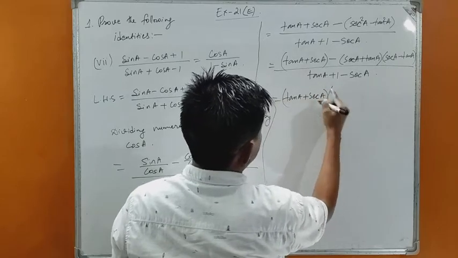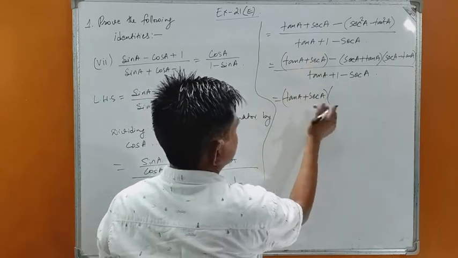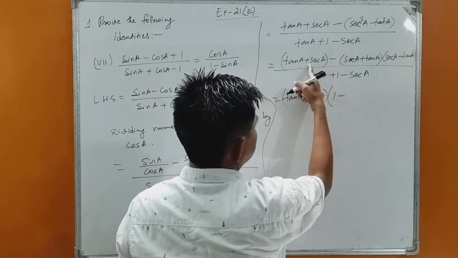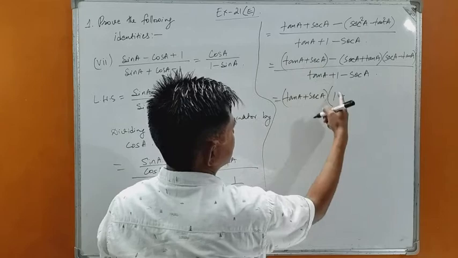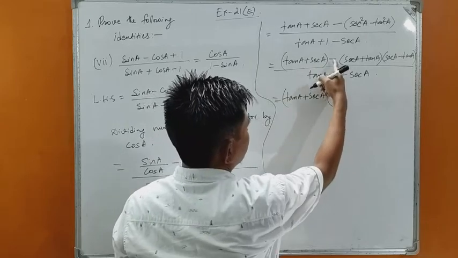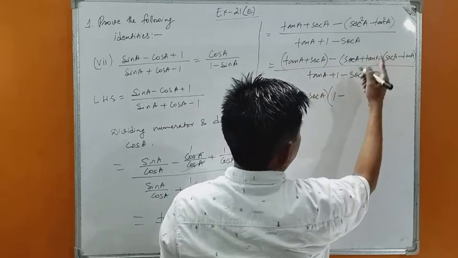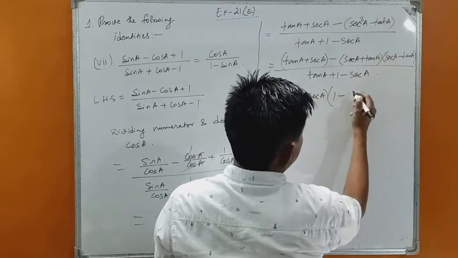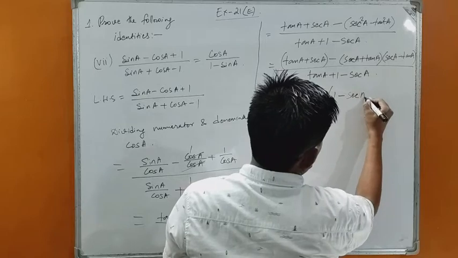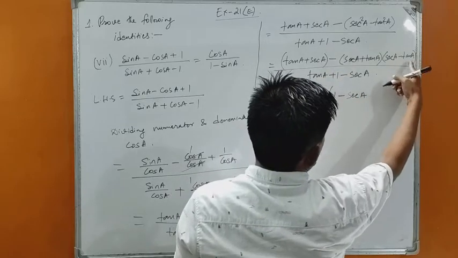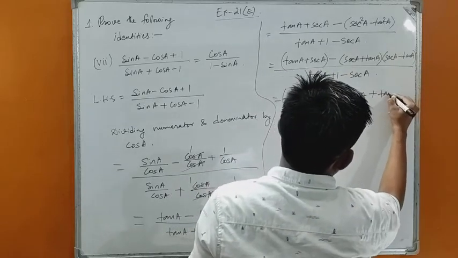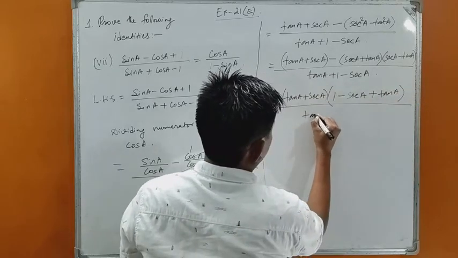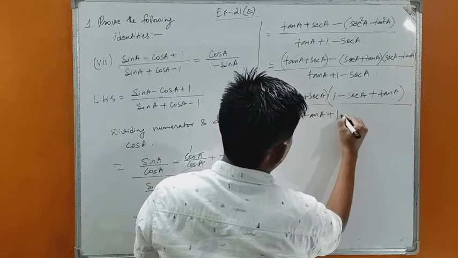So 1 remains within the bracket, minus into plus sec A is minus sec A, and minus into minus tan is plus tan A, isn't it? So in the denominator we have tan A plus 1 minus sec A.